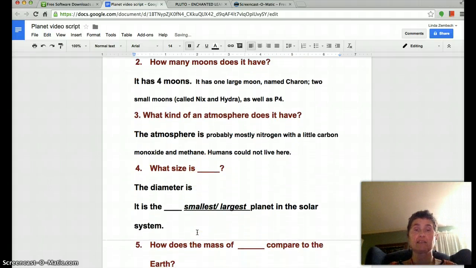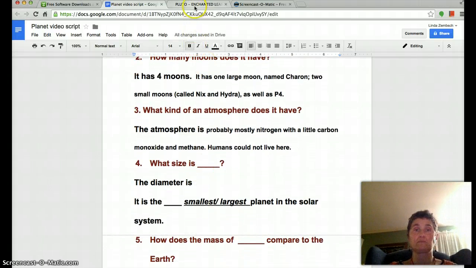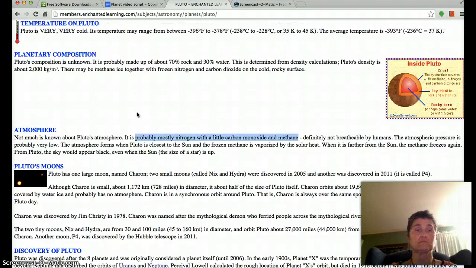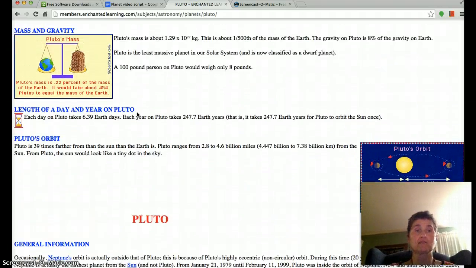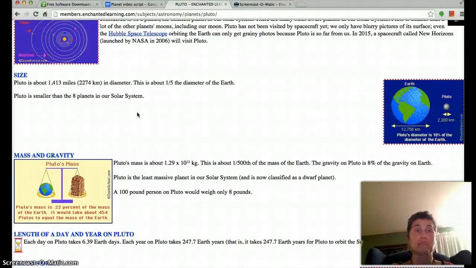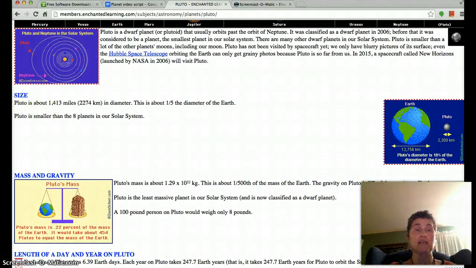Okay, what size is Pluto? Size is right up here. Size. Pluto is 1,413 miles in diameter, which means the distance from one side to the other.